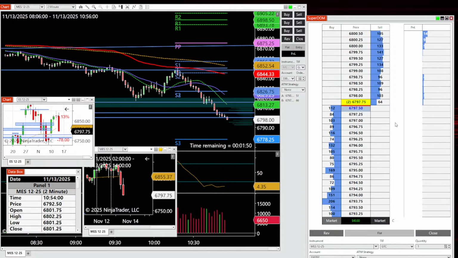Okay. Holding? No. Come on, let's get a pop up. Okay. The pops are not too heavy either.